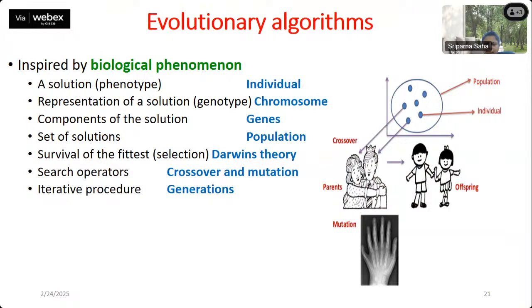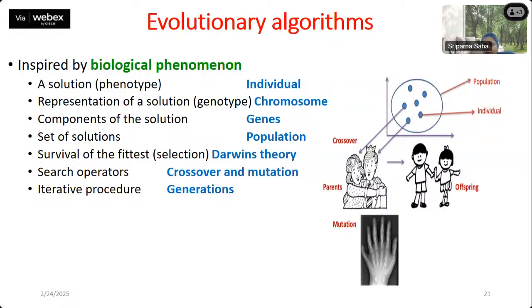In an evolutionary algorithm, there must be an individual. A solution is called an individual. It follows biological phenomena; this evolutionary algorithm is inspired by biological phenomena. The representation of a solution is called the chromosome. Components of the solution are called the genes. And the set of solutions is called the population. The survival of the fittest is inspired by Darwin's theory.